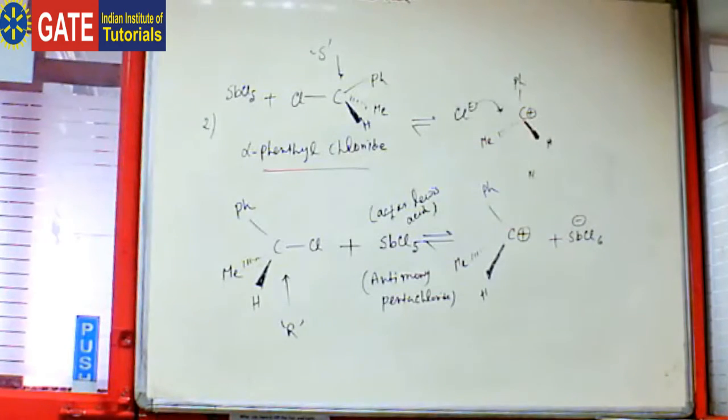So this is also an example of racemization through carbocation formation. Okay, this is easy.